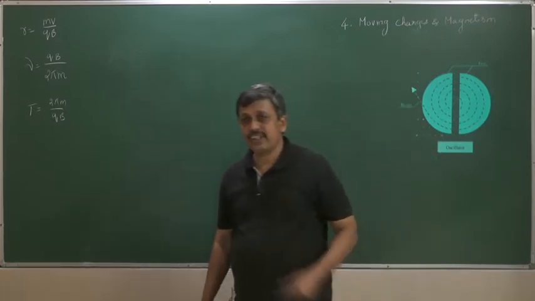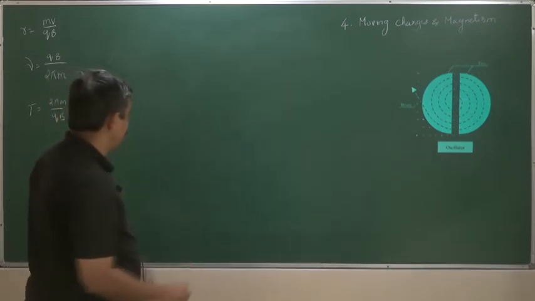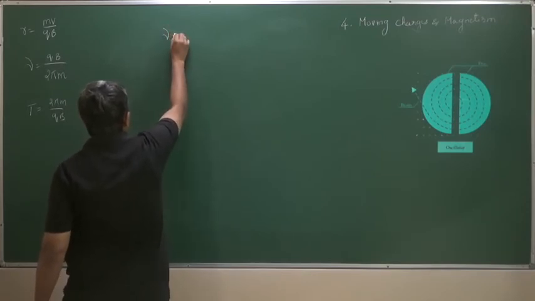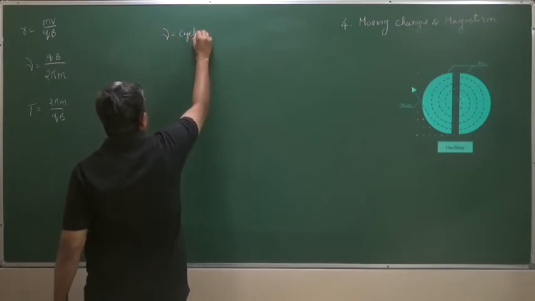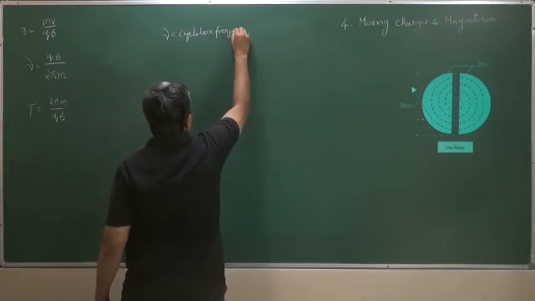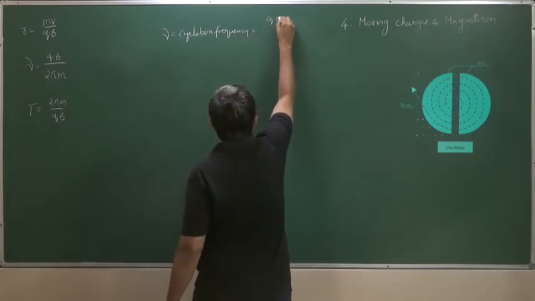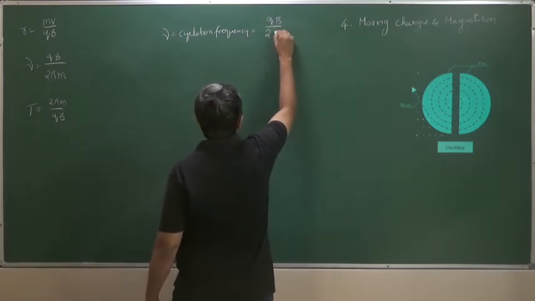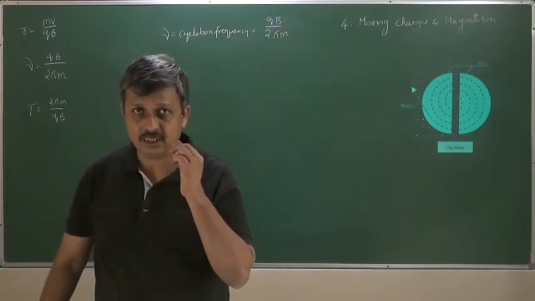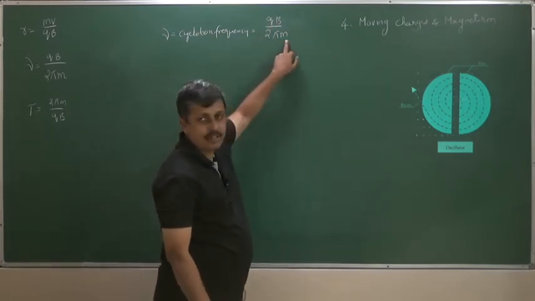You can calculate the value of this, which is called the cyclotron frequency. How do you calculate it? You already have it: Q into B divided by 2 pi m. Depending on what ion you are using, you have the value of Q and M for that.